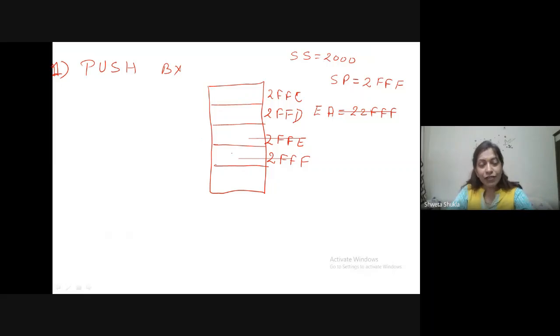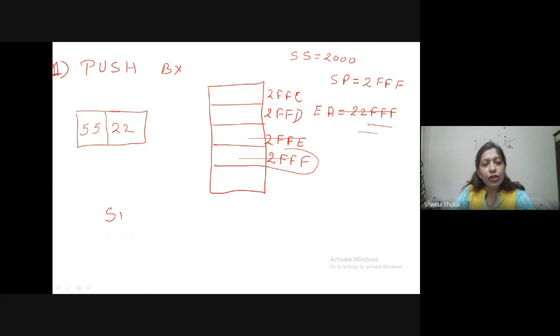Let us suppose this is the condition. We know that 2FFF is the offset address where we have to push the content of the BX register. So this is the BX register. Let us suppose we have taken 55 and 22 here. What is going to happen? First of all, remember that a push instruction always works as SP minus 2.